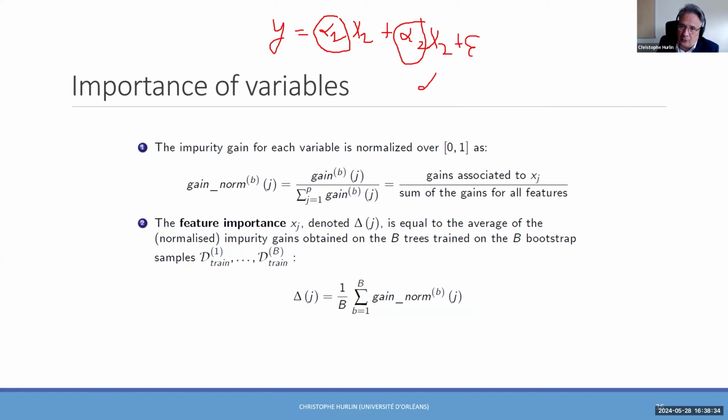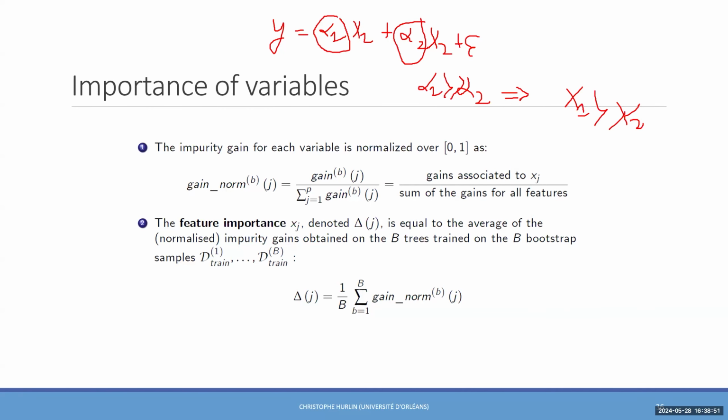If alpha 1 is larger than alpha 2, then x1 will have a larger influence on y than x2. At the limit, when we have a variable that has no influence, then the parameter is 0. That's why we test for the significance of a parameter.